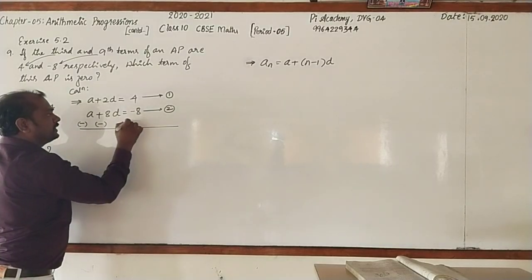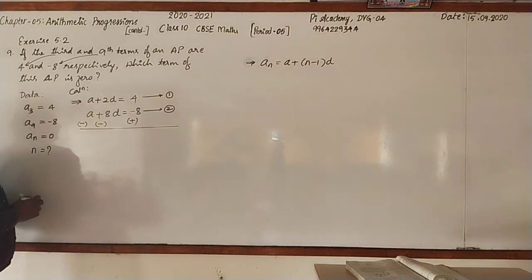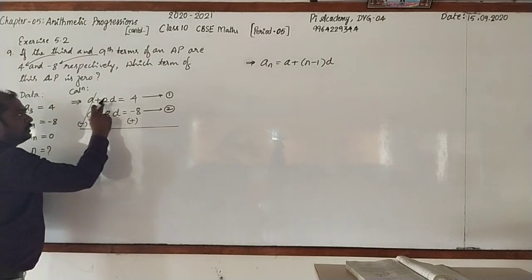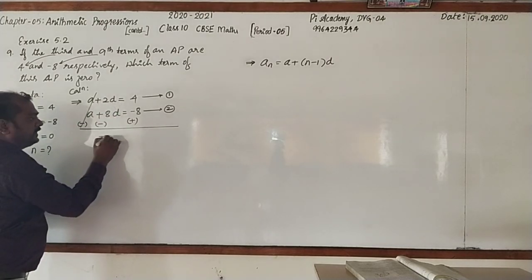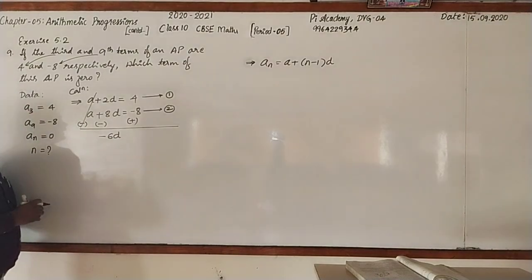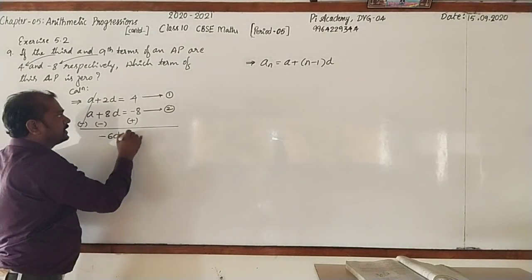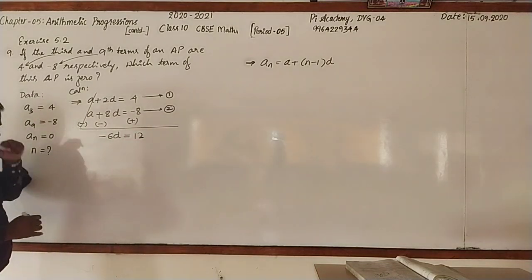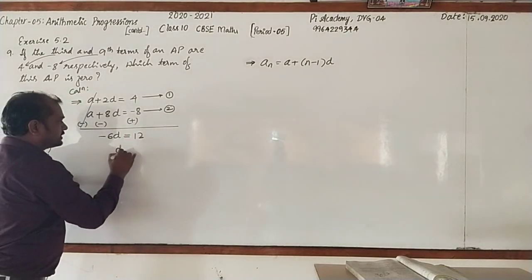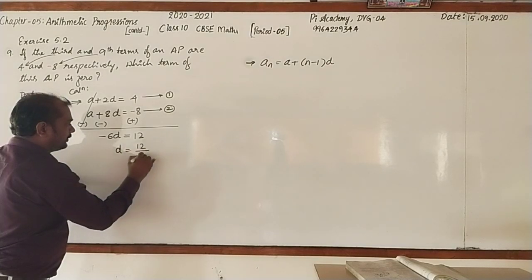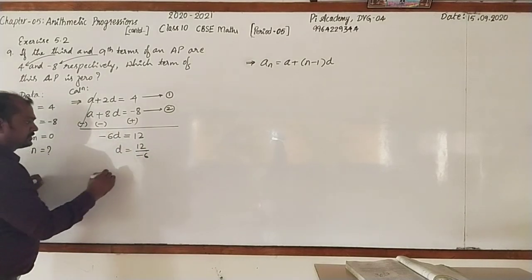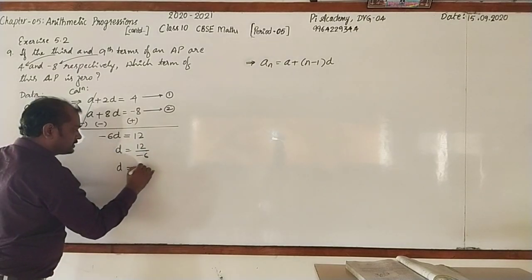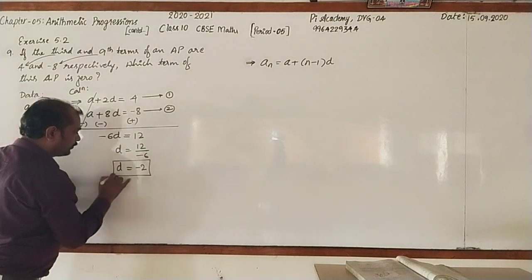And here minus is there, this is plus. Plus a minus a get cancelled. Now it is 2d minus 8d. It is minus 6d. This is equal to 4 plus 8. This is 12. Then d is equal to 12 by minus 6. d is equal to, cancel it, it is minus 2.